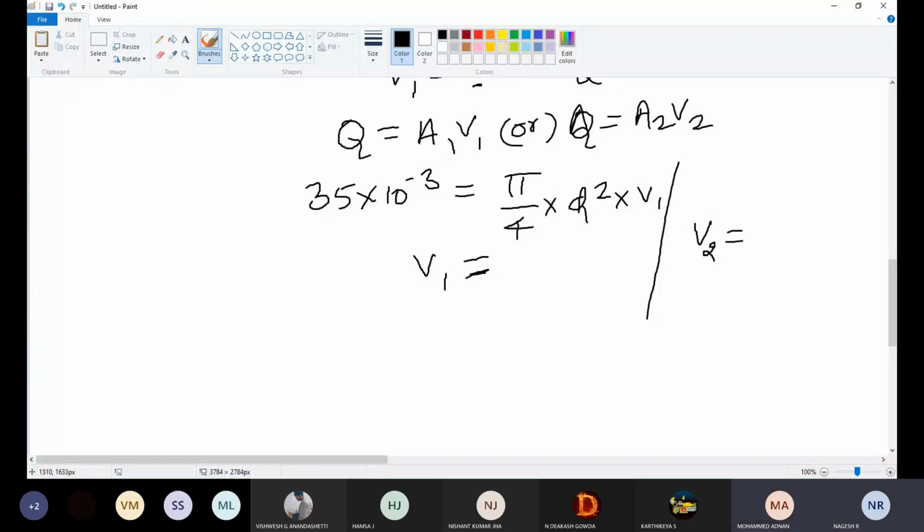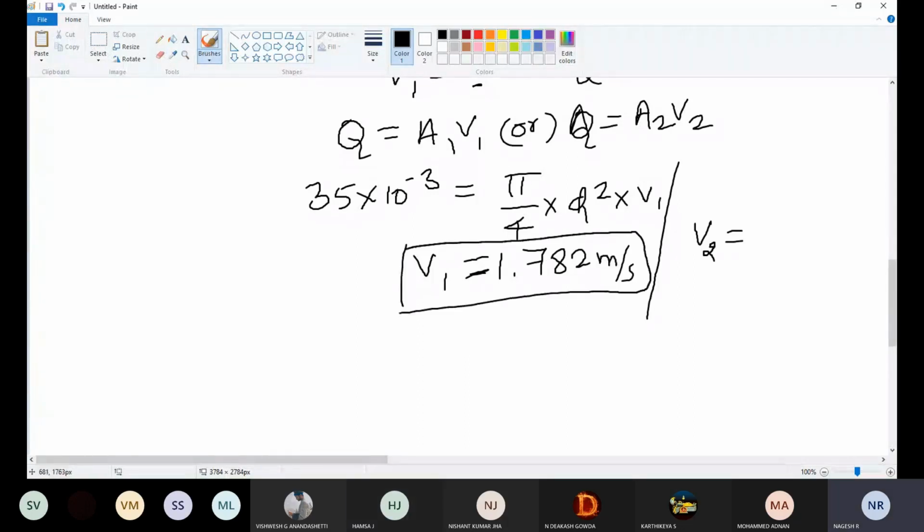So V1 is 1.782 meter per second. So I got V1. Which one, V1 or V2? V1, sir.